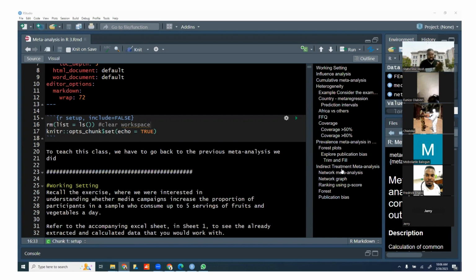So for much of the time that we've been talking about in this class, we have looked at scenarios where you have compared maybe a treatment and a control group, or so media campaigns versus no media campaigns, or maybe a hypertension drug versus placebo. But there are some scenarios where you want to compare multiple hypertension drugs against each other, right?